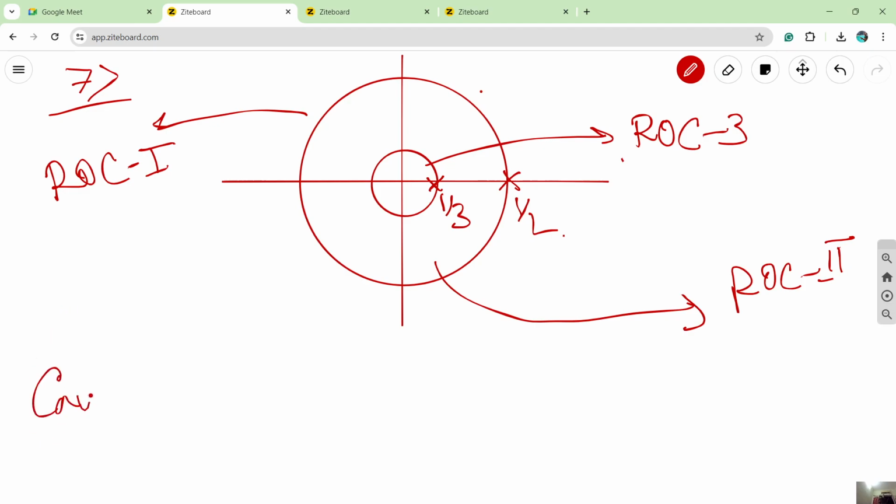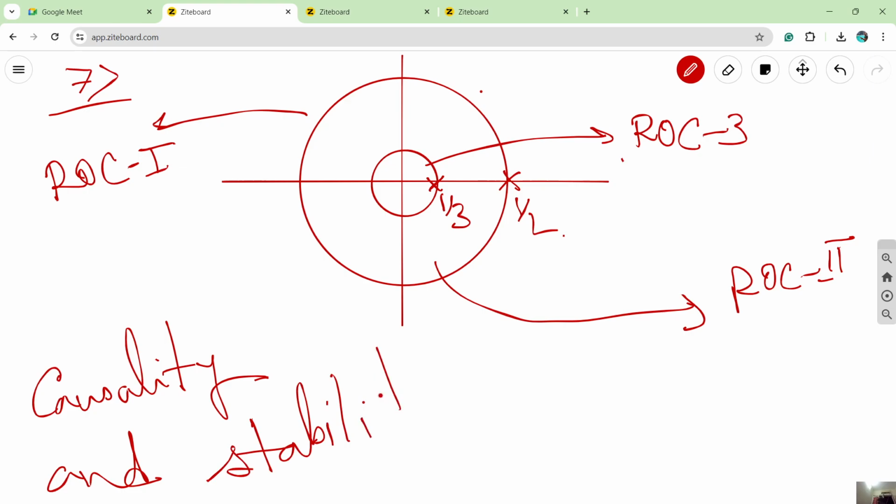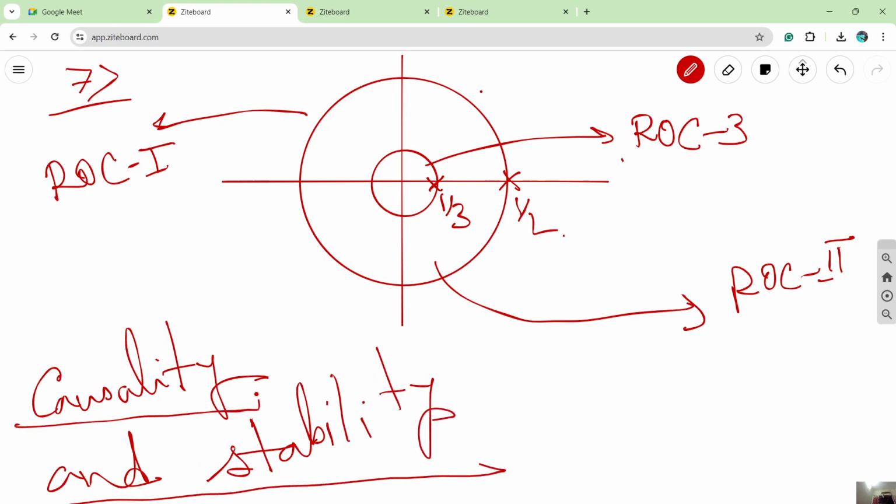So we have to comment on causality and stability. So we'll solve this one by one.